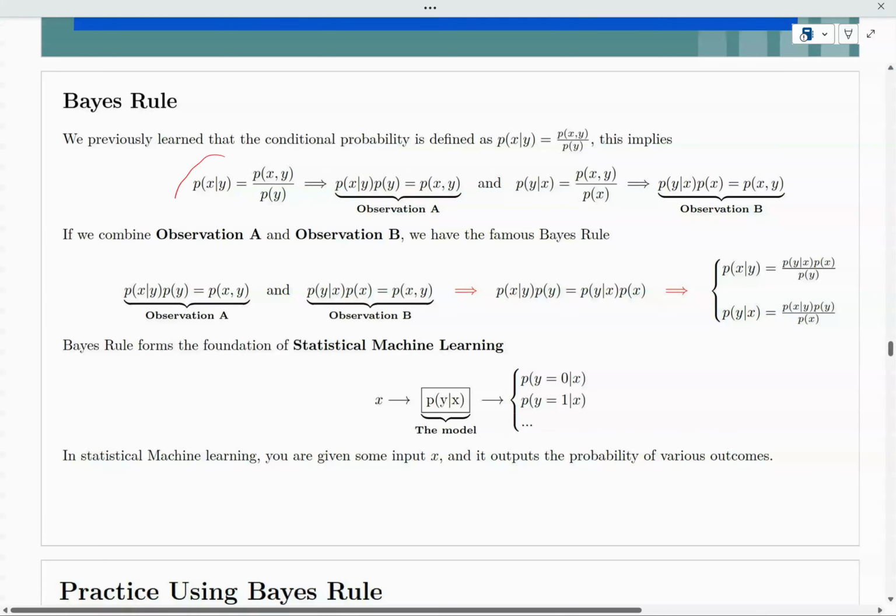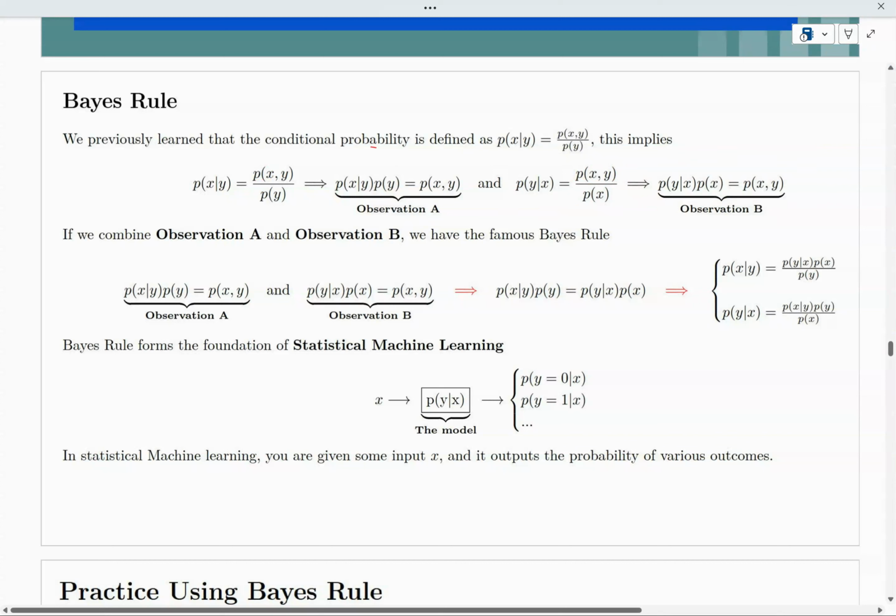Well, this logic carries over as well. So this is the probability of x given y. But what about the probability of y given x? Well, it's just the opposite. It's the joint divided by the probability of x, rather than divided by y. And we can then move this also over here, leading to this equation.